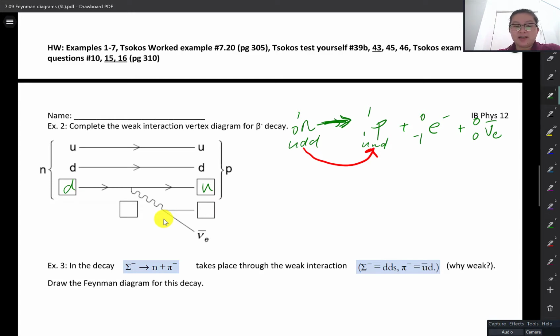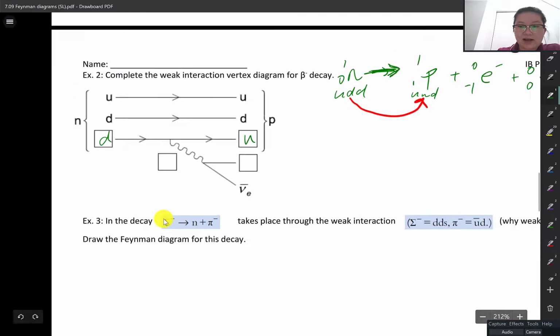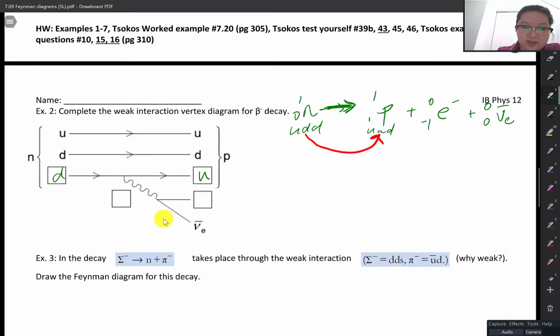Essentially, this mediating boson is going to produce this particle-antiparticle pair. This one here has to be the electron, which is e minus. Since this is the particle, the anti-neutrino is going to be an antiparticle, so I'm going to draw the arrow in the backwards direction, just like that.